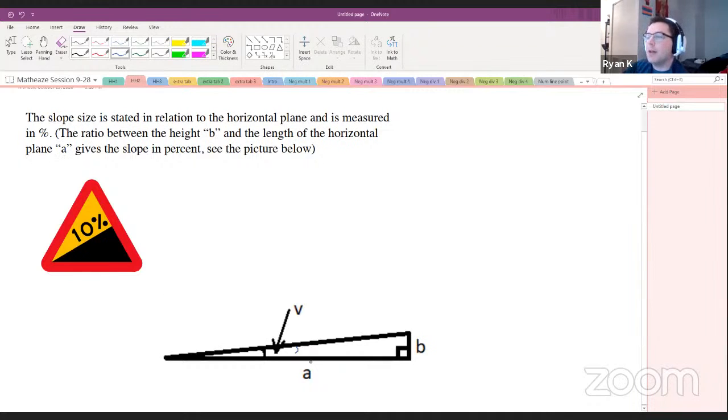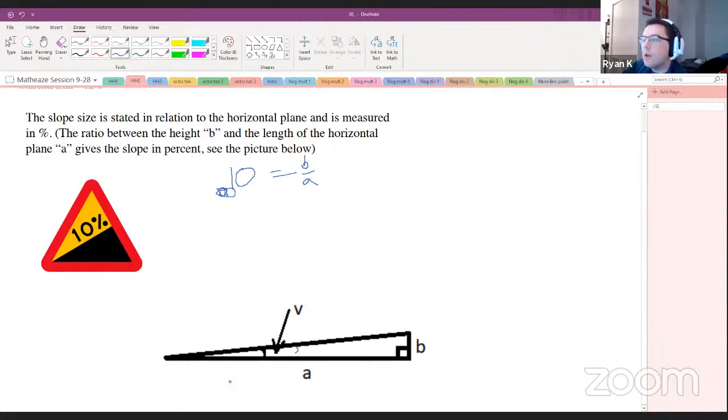But they're pretty much just saying that this slope here at V is represented as a ratio between the height and the length. So you can just rewrite that as the 10% is equal to your B over A. It's supposed to be a decimal.